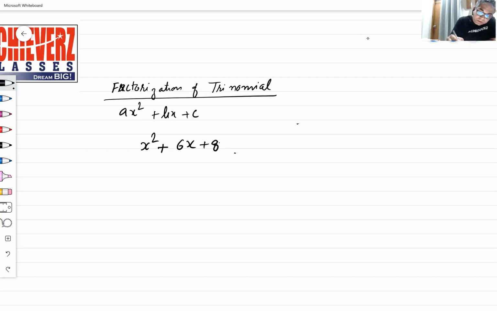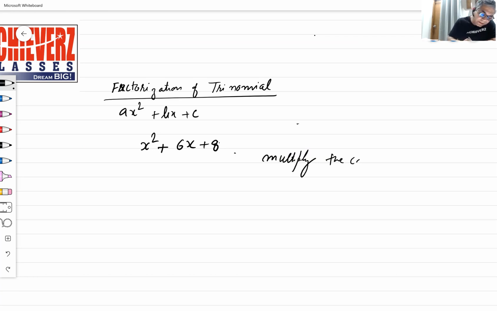Okay, so now the basic method is you have to first multiply the coefficient of x square and the constant term.